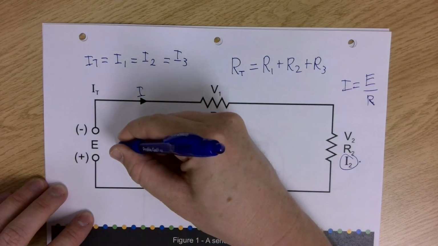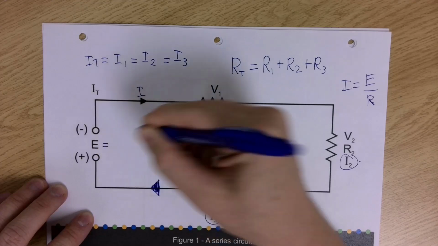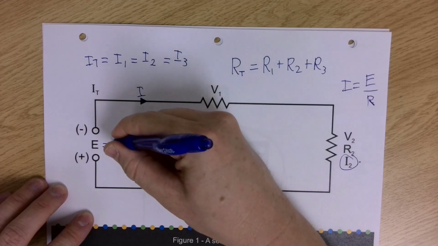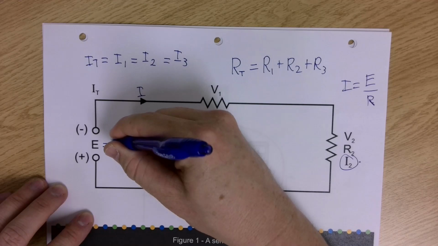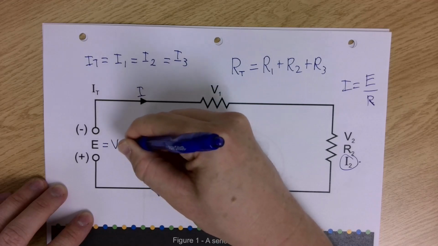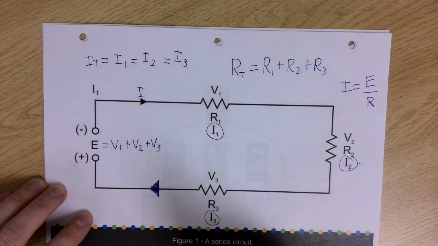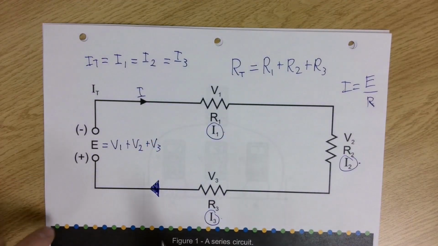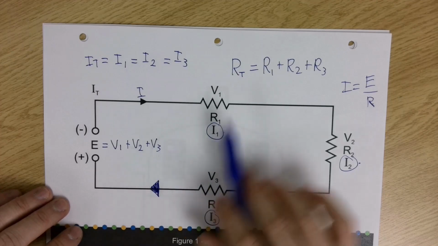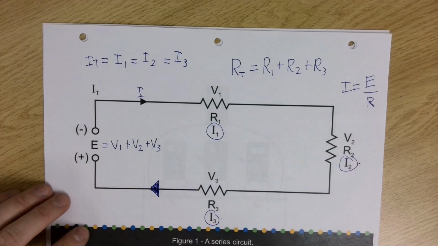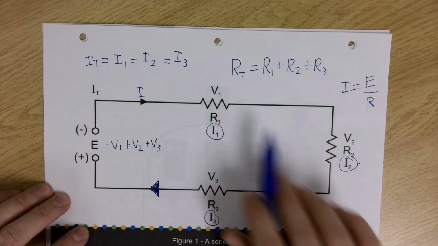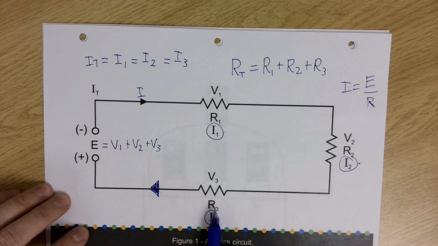Mathematically, which I recommend you do, we would say E equals V1 plus V2 plus V3. That looks similar to R total, but R total is just adding up these 3 resistors. That's just the fixed value.